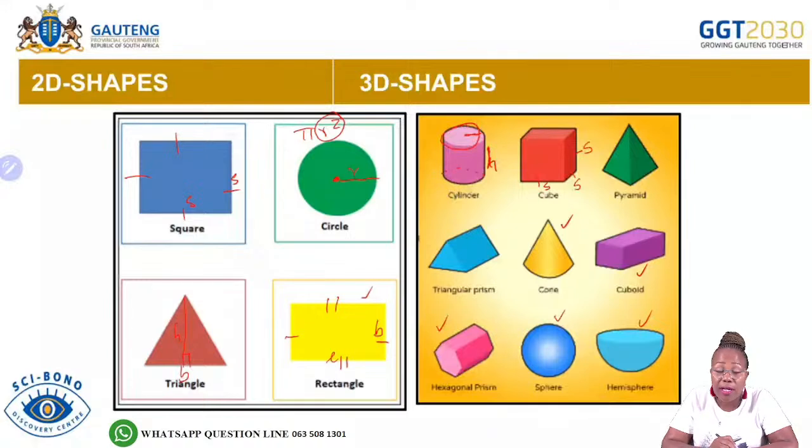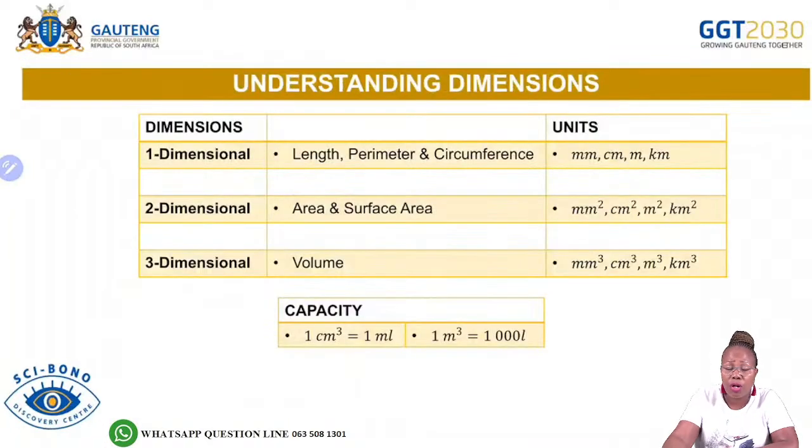Remember, there's a circle base, and then we have added a height, therefore it is now three-dimensional, no more a two-dimensional shape. And then with the triangular prism, we have a triangle here, and now it has a height there. Can you see, now we have added a third dimension to those particular shapes.